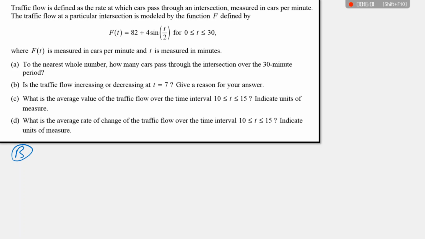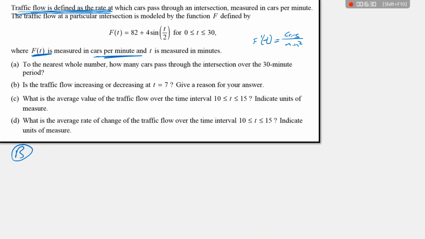F prime of t. Okay, so if my units for f of t are cars per minute, then my units for f prime of t would be cars per minute squared. If I want to know whether the traffic flow is increasing or decreasing, my traffic flow is already a rate, so you're right, it will be the derivative.